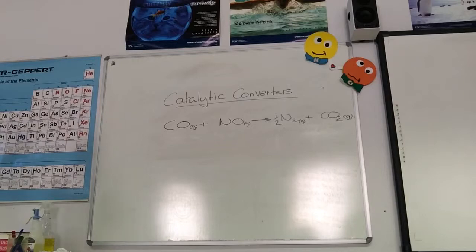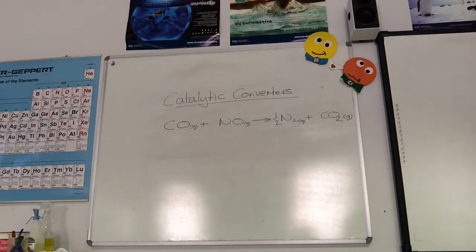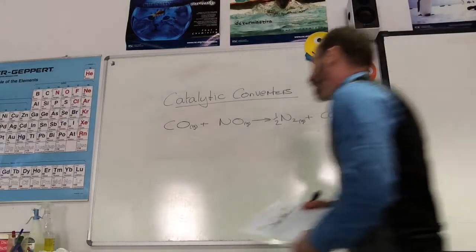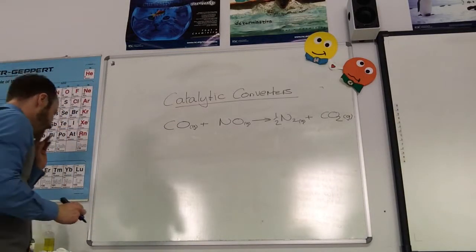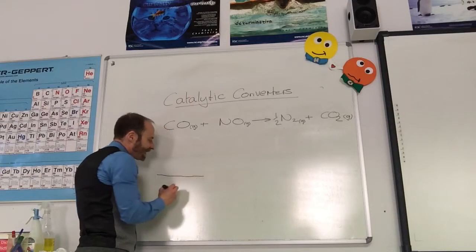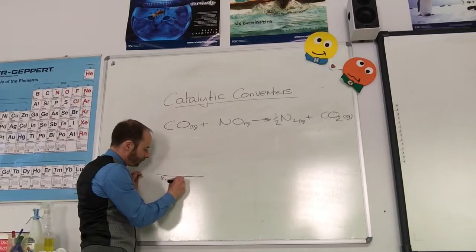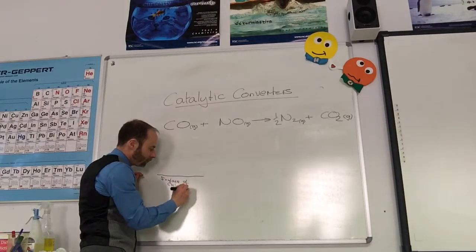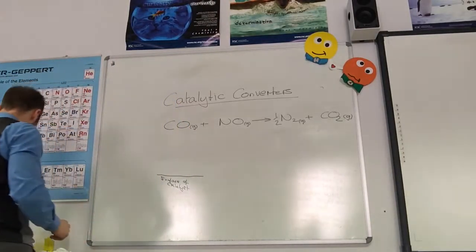How does it work? Well, there are a few stages to that. You do have a little picture on your summary sheet. Let's see if we can do it. So what you have is a solid catalyst. If this is your surface of catalyst, what happens is the molecules come along.